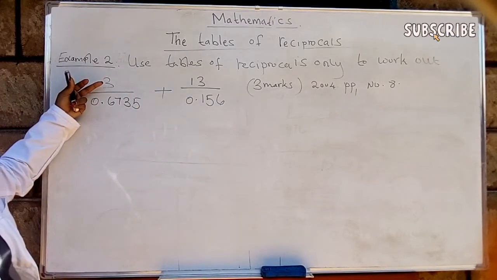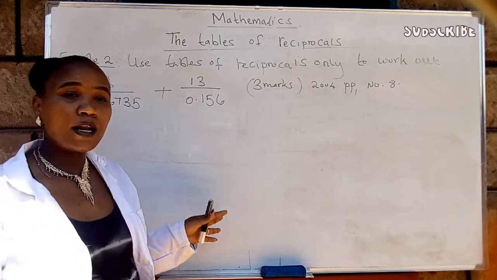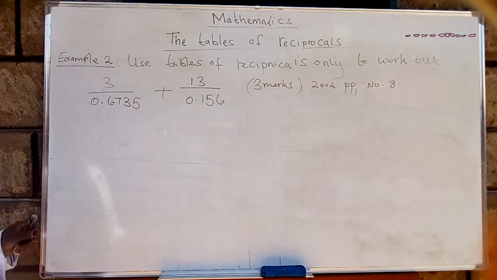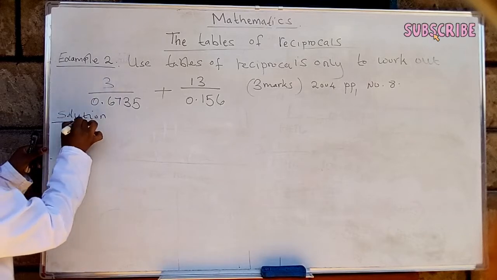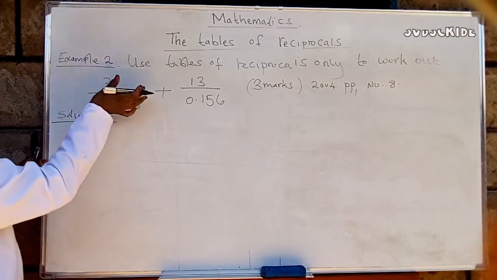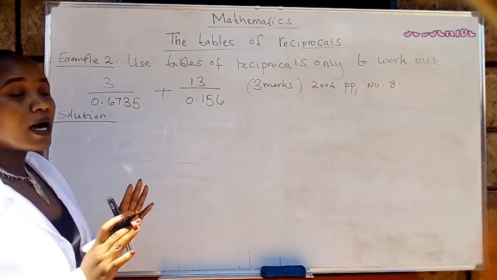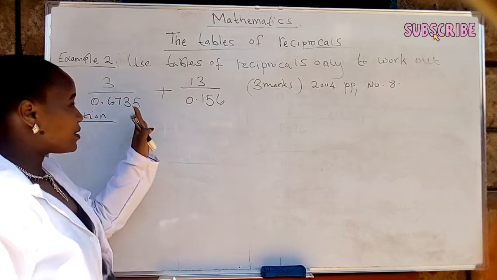I can make this one 1 over something, because we know the reciprocal of any number is 1 over that number. So first of all, I am going to write the question in another form, but I am not going to change the values that are used.